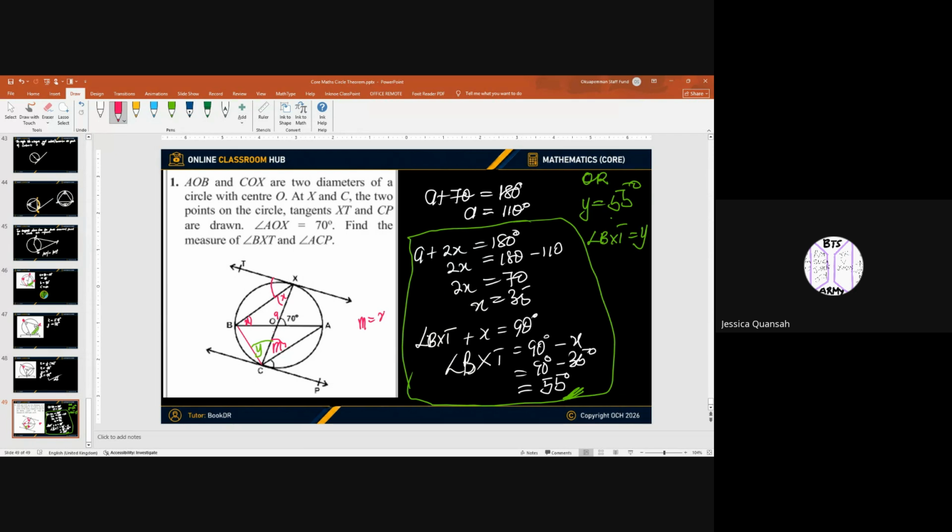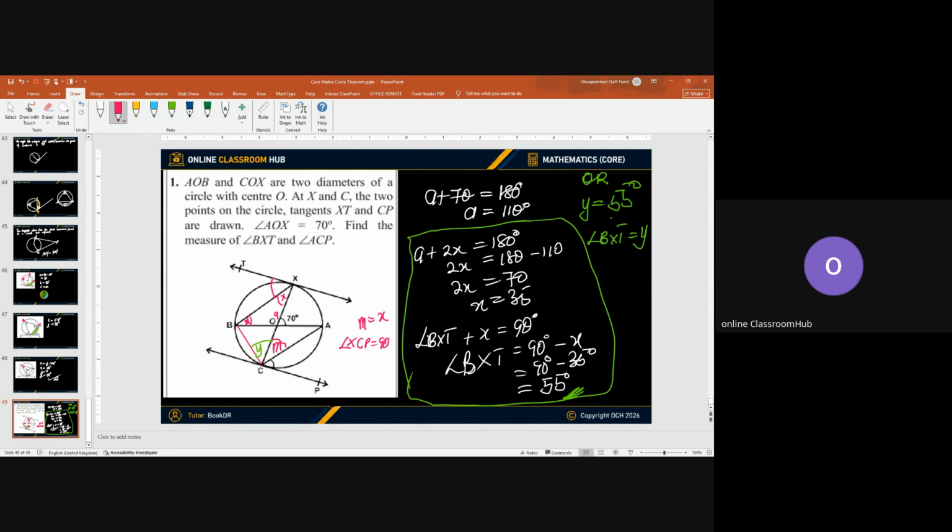And since CX is a diameter, that whole place, which is angle ACO plus angle ACP, is equal to 90. So XCP is 90.